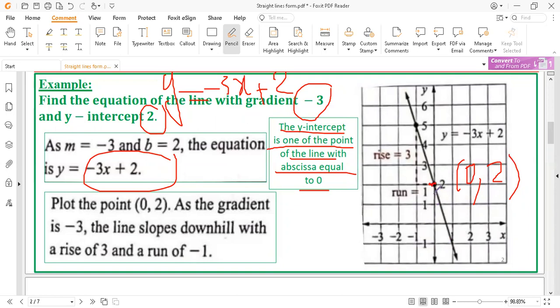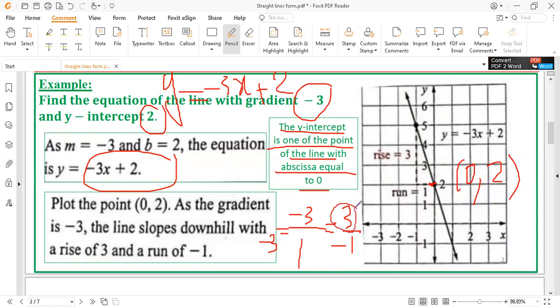If the gradient equals -3, we can say it is -3 over 1, or we can say it is 3 over -1, because -3 can be written as -3 over 1 or 3 over -1.